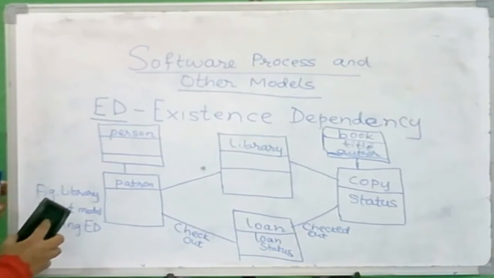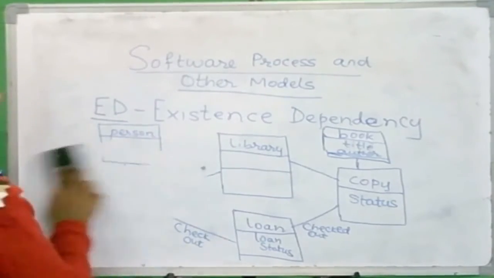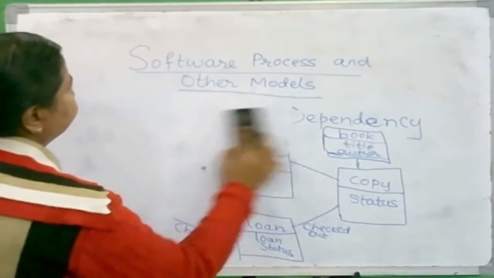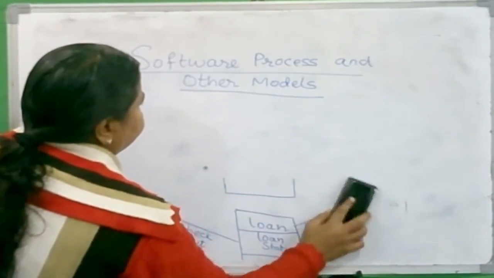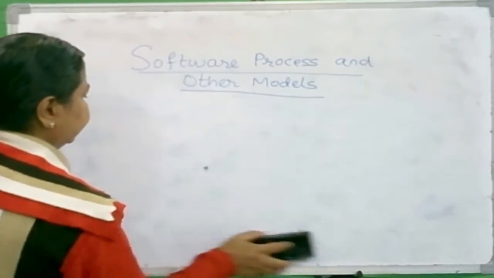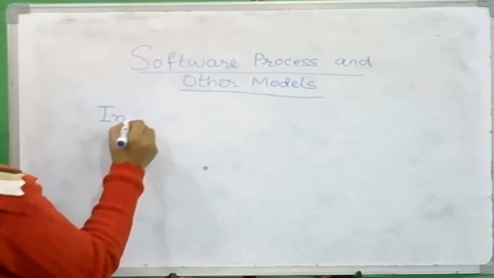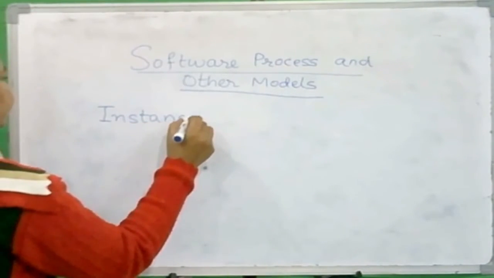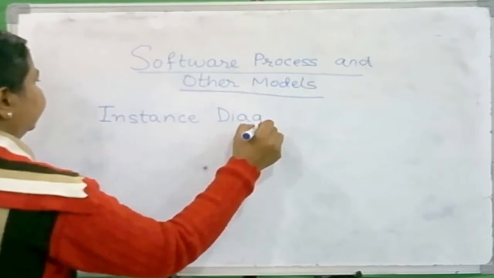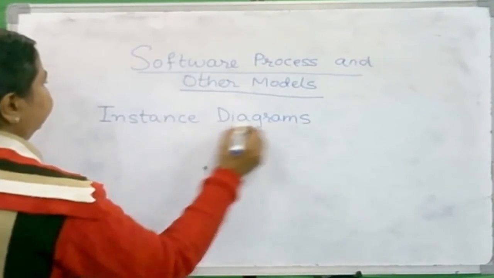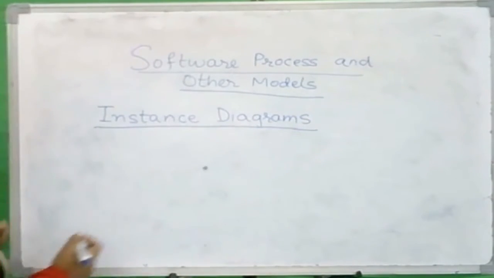Next type of model is instance diagrams. Object diagrams represent types of objects.